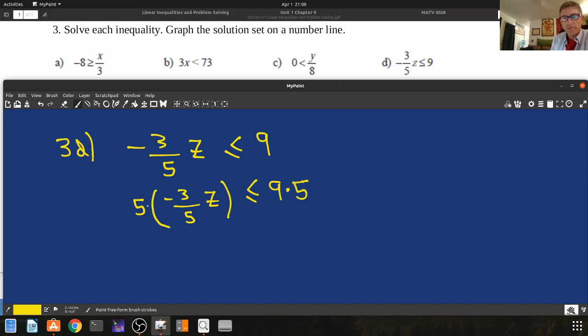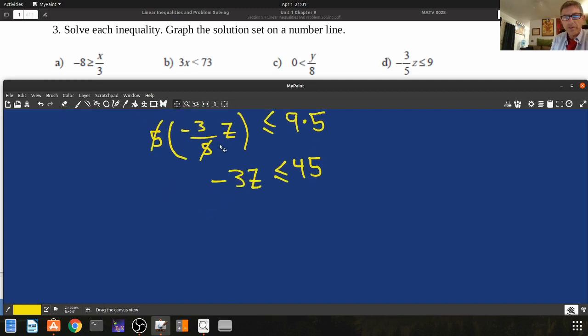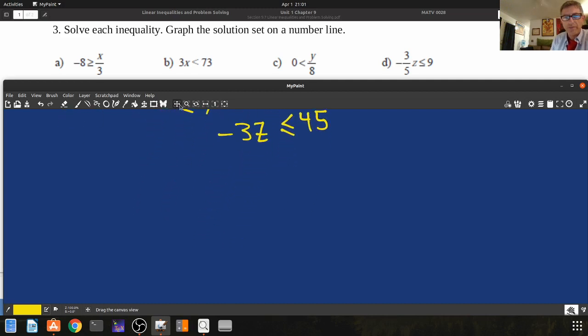So when I multiply minus 3/5 times z by 5, it clears out the 5s, and I have minus 3z. And that's less than or equal to 9 times 5 is 45. So I'm going to move this on up. Let's concentrate on this step right here.